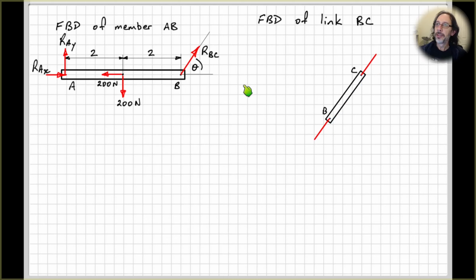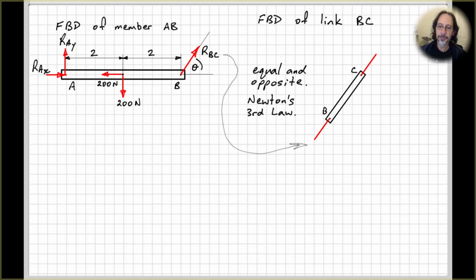Now, when we look at the force acting on our link over here, again, we have an action-reaction pair. So from Newton's third law, the force at B on this member must be equal and opposite to the force over on the member or the link BC, to obey Newton's third law. So therefore, this must be acting down to the left.